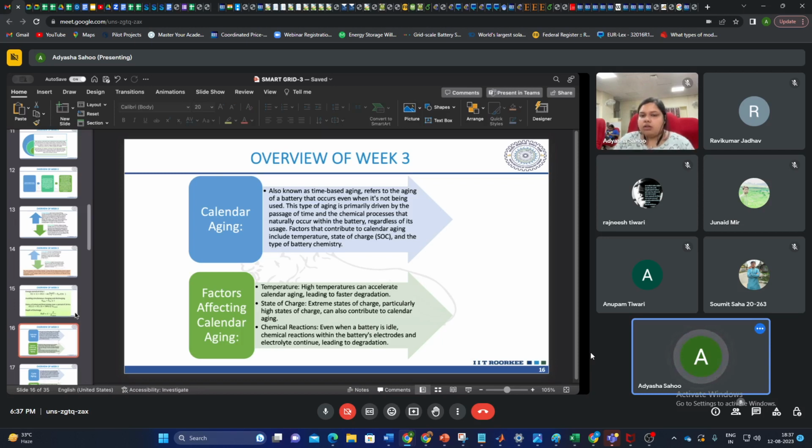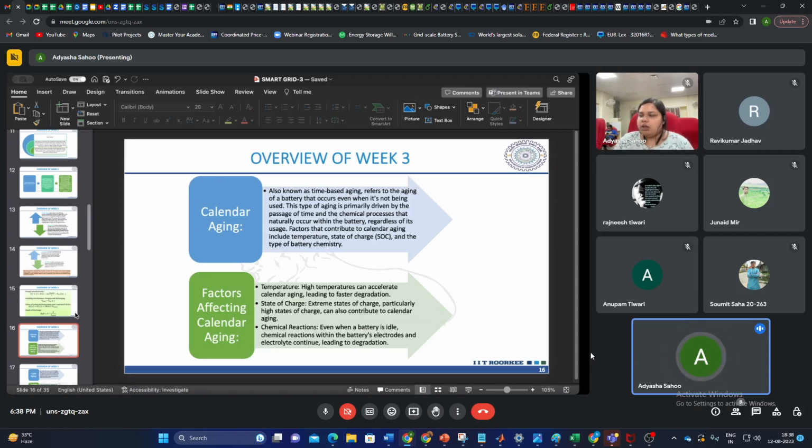The factors affecting calendar aging are temperature. Obviously, if the battery temperatures are high, they may accelerate the chemical reactions, leading to faster degradation of the battery. Coming to SOC, if you have very high SOC or very low SOC, these extremes can also contribute towards calendar aging of the battery in the long run.